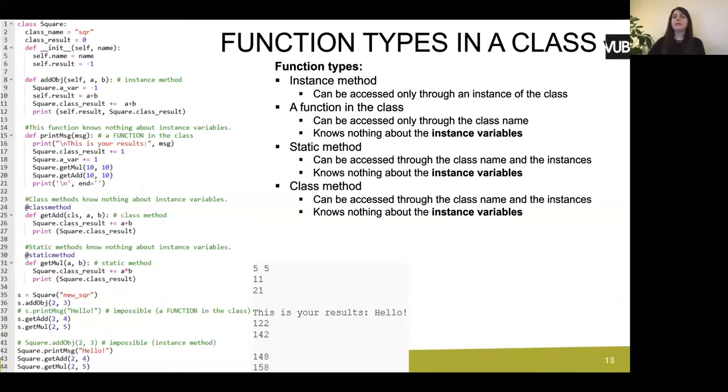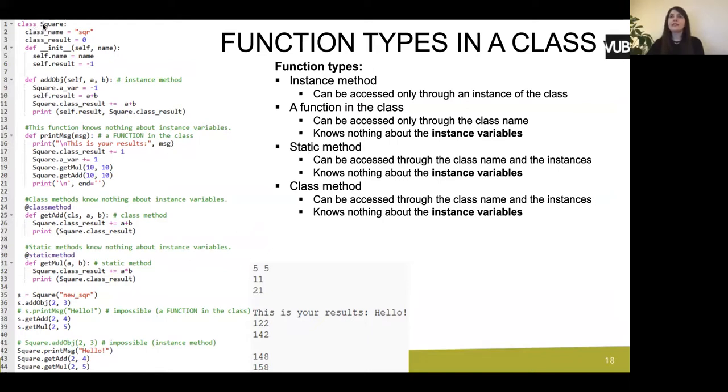We have learned about destructors, instance variables, and class variables. Now we want to learn about function types in a class. We have 4 different function types in a class. So here I'm going to explain different function types using one example.